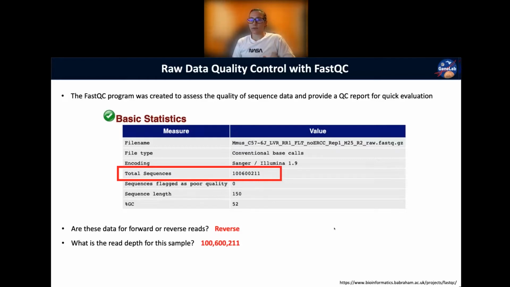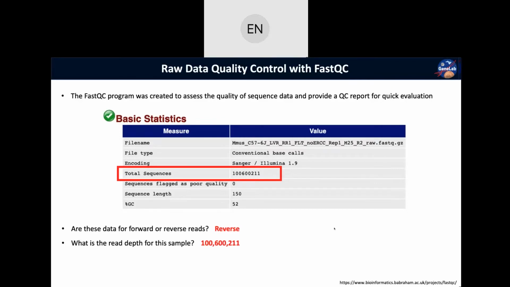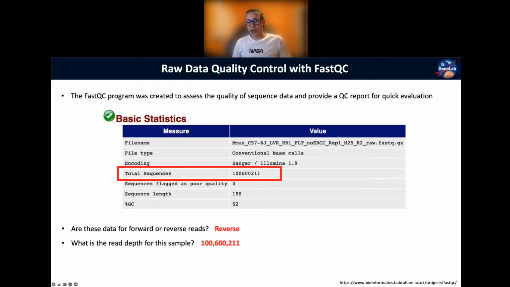So remember from the previous slide, each read has how many lines? Multiplied by 4. Yeah, exactly. So if you were to multiply this by 4, you'd get the total number of lines in that file, right? Because each read consists of the 4 lines that we just went over in the previous slide.